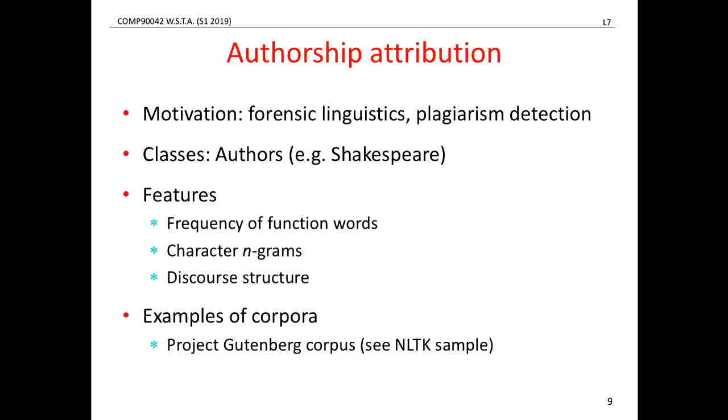So a lot of classic books from sort of 50, 60 years old and older are available for free online, many hundreds of texts. And so we can use these, get snippets of text out of these, and we can frame it as an authorship attribution task. So if we're trying to work out, for instance, was this written by Shakespeare, or was it written by another poet, for instance? Or was it written by Jane Austen, and so forth, right?